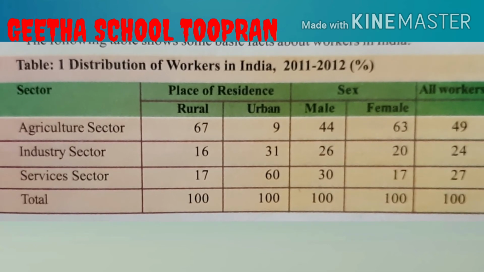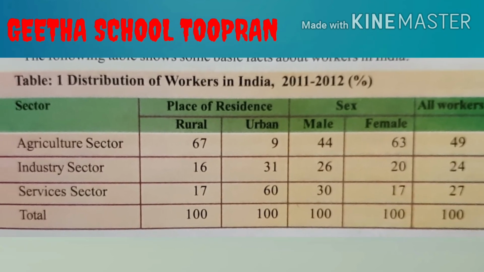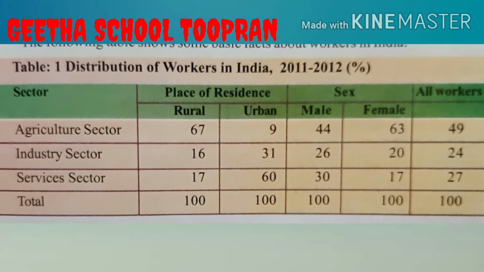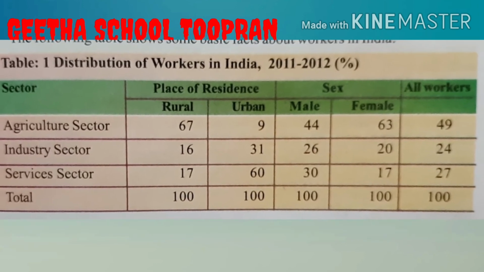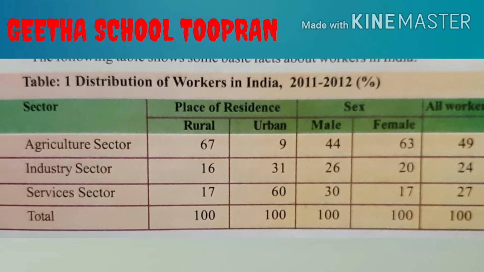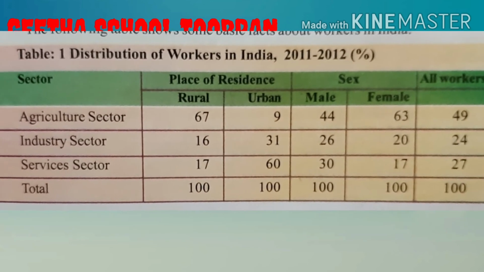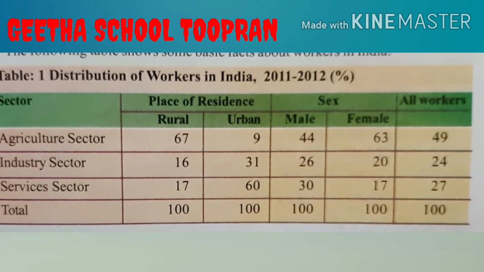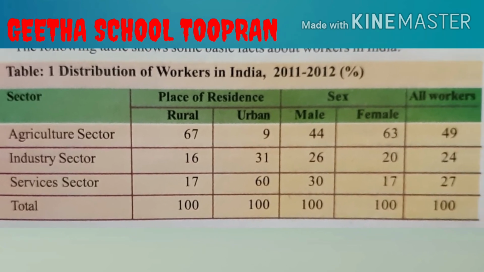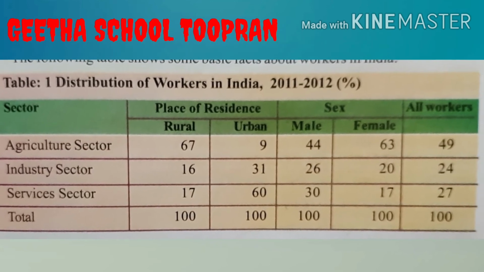In that, 44% male and 63% female are working in the agri sector. So from this table you can understand, in rural area, most of the people are working in the agri sector. As well as when we compare male and female, we can see more female population in the agri sector.